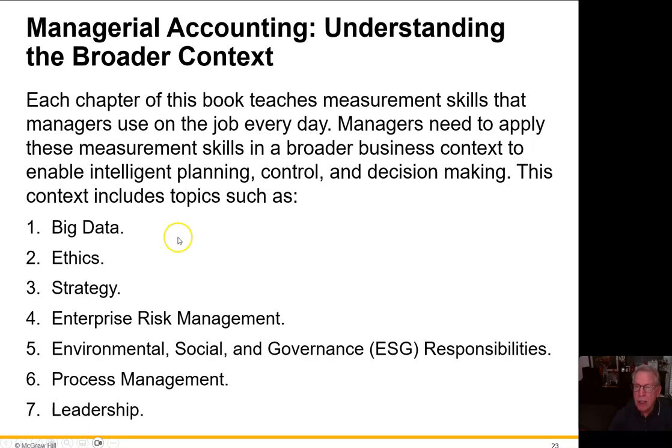This context includes topics such as 1, big data, 2, ethics, 3, strategy, 4, enterprise risk management, 5, environmental, social, and governance, ESG responsibilities, 6, process management, and number 7, leadership.